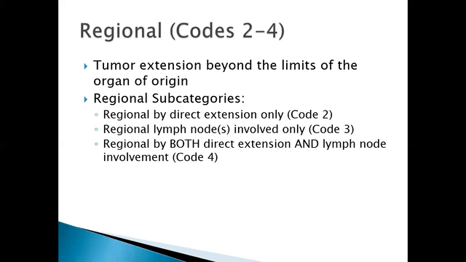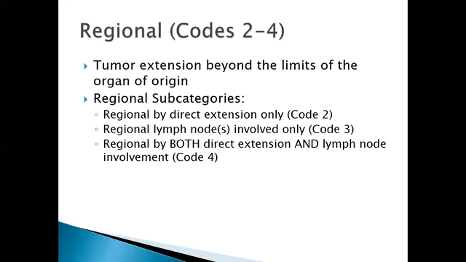If there's a combination of direct extension and lymph node involvement, then it would be code 4, regional by direct extension and regional lymph nodes involved. So basically, if your tumor has both regional by direct extension only, code 2, and regional lymph nodes involved only, code 3, then you have code 2 plus code 3 equals 4.